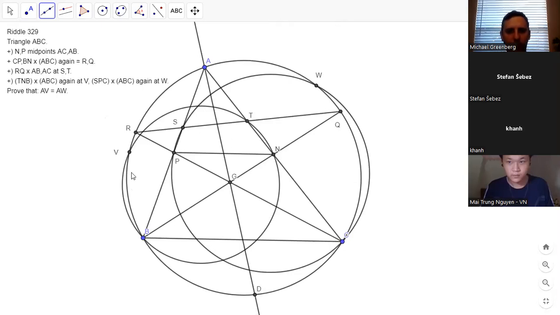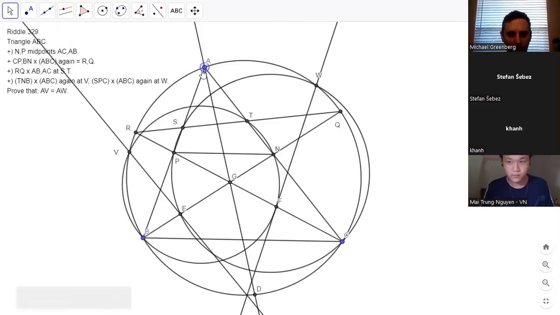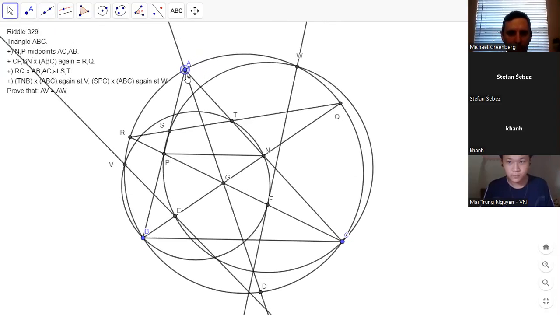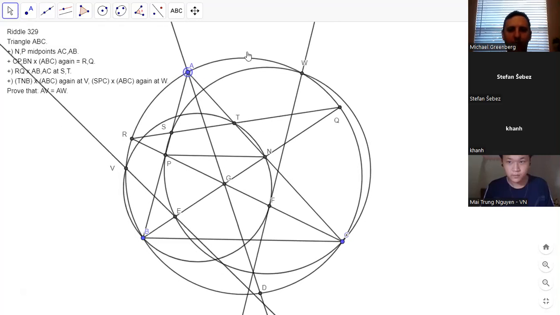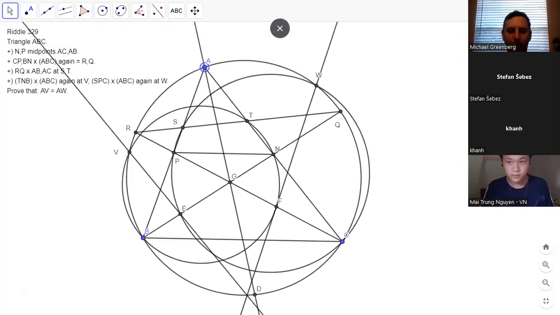So not point D, but some other point. But if I try this and this, there we go. That looks like it might be it. And I wonder if that's the, no, I just got lucky. That doesn't actually always lie on that arc.